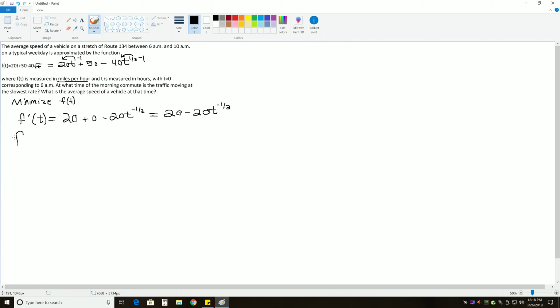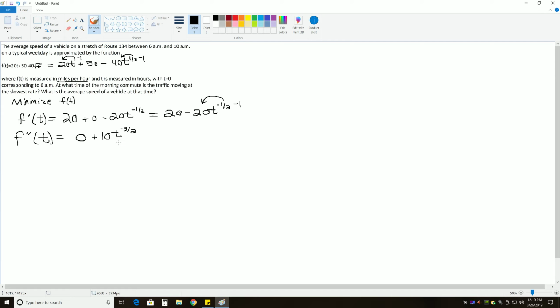So we get f double prime of t is equal to the derivative of 20, which is just 0. And then the derivative of negative 20t to the negative 1/2, again, we multiply the exponent out front and subtract 1 from it, which gives us positive 10 times t to the negative 3/2.